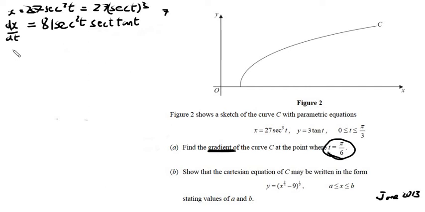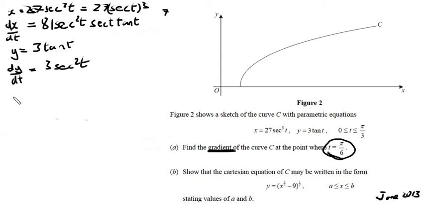And then we've got to do the same thing for y equals 3 tan t. So dy by dt equals 3 sec squared t.